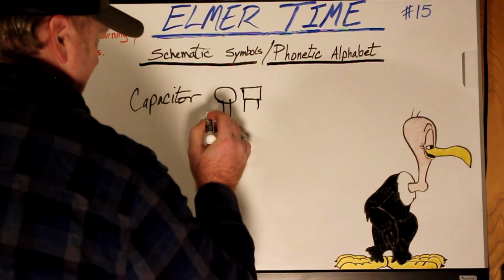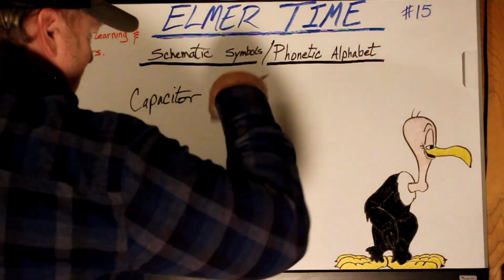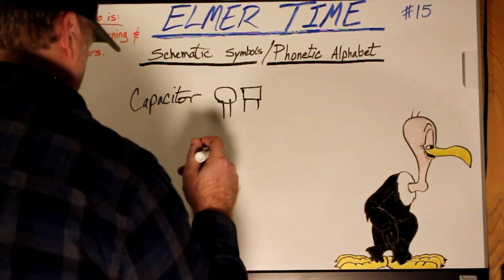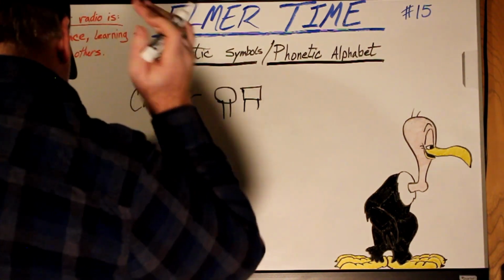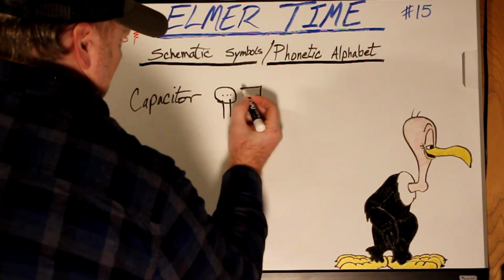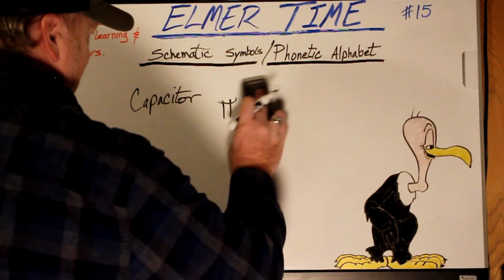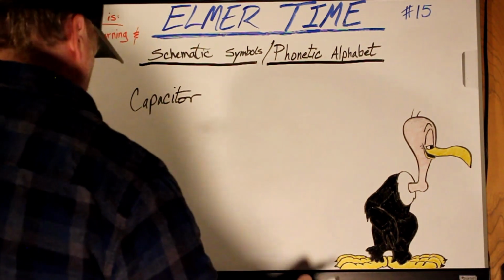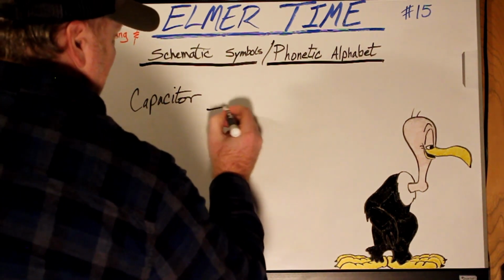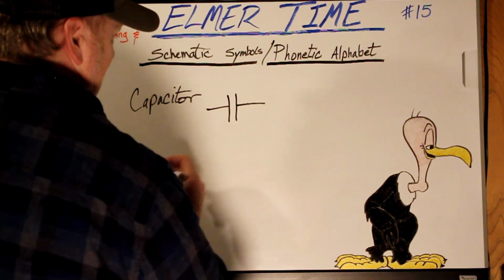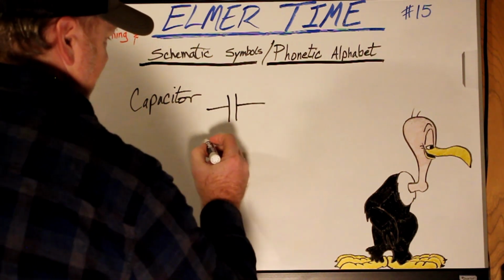They're non-polarized, which means they can be set in a circuit either reverse or forward, and it won't matter. They usually have 3 digits, 3 numbers, indicating how to read the value of the capacitor. And in a schematic, a non-polarized one would be like that.